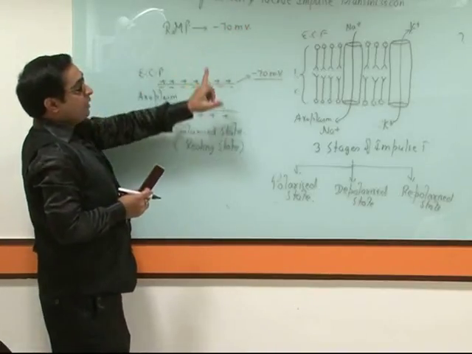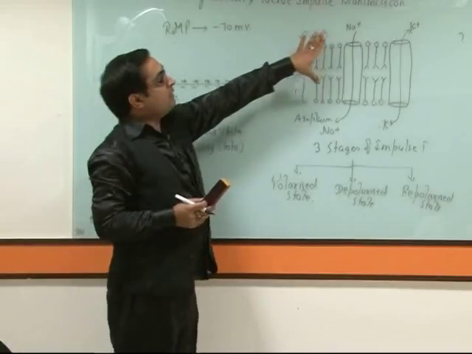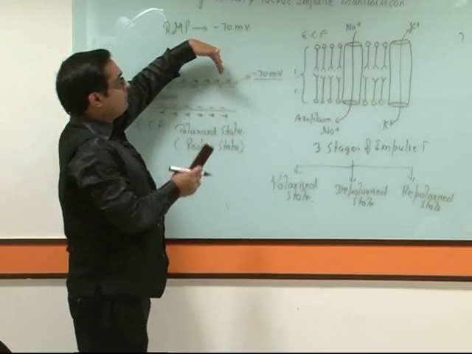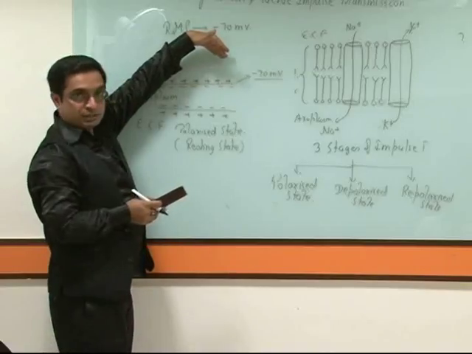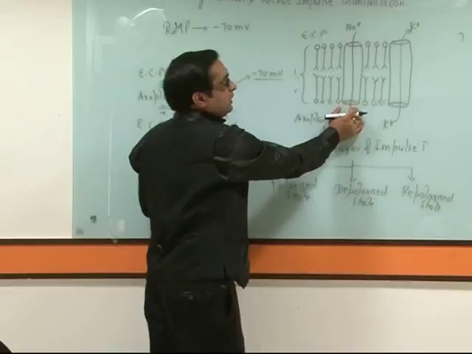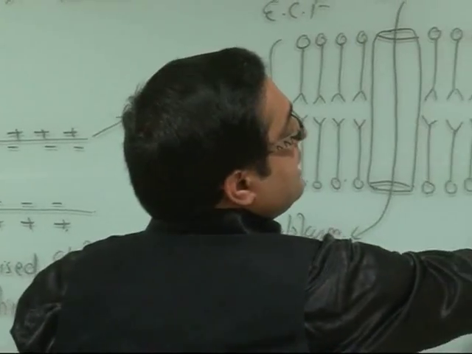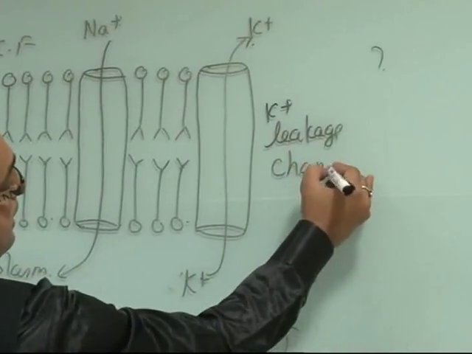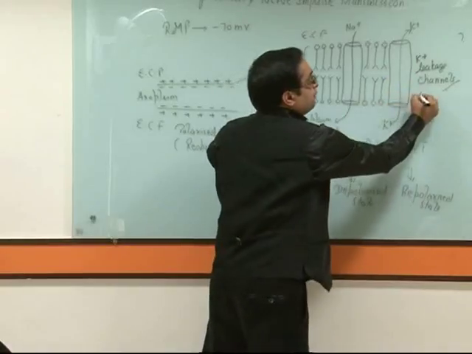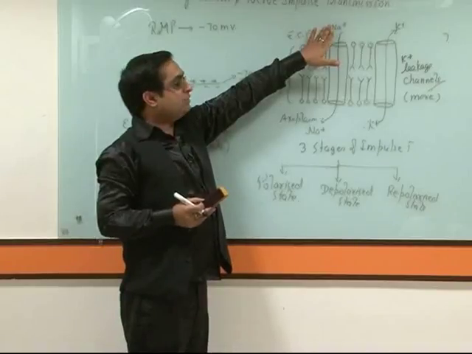Now the question comes, why is it negative inside and positive outside? If we say that it's the play of sodium and potassium ions, then both are positively charged. How is it possible that inside we have negative charge and outside we have positive charge? The reason is that the number of potassium leakage channels, the channels allowing the exit of potassium, is more in axolemma as compared to the number of sodium leakage channels.